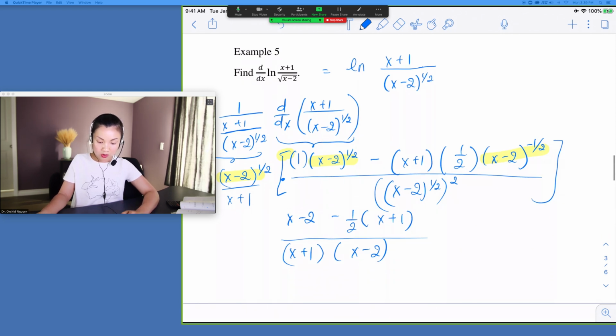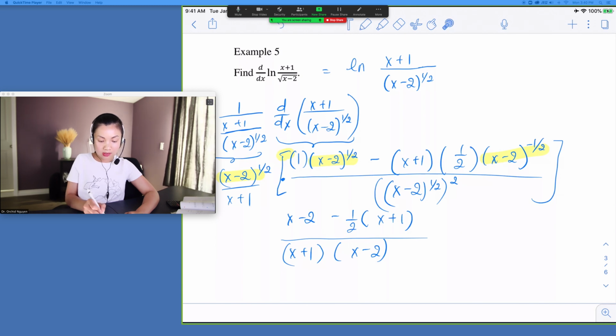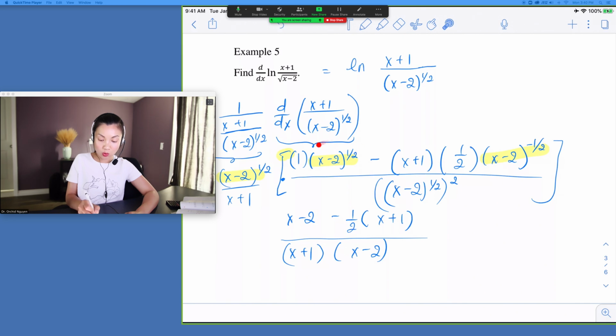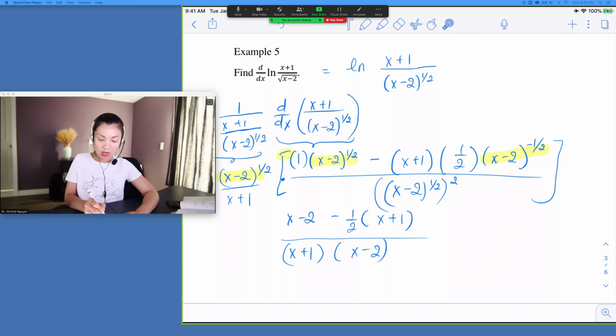Okay, so let me point it out. So the square root of x minus 2 times the square root of x minus 2 is going to give you x minus 2 because the square root cancels out here. This one multiplied by that one is just 1. So that's why I only have this part over here.